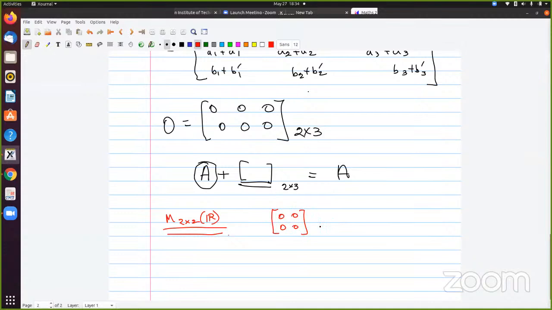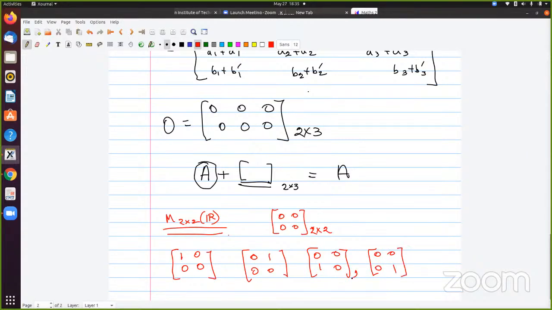Correct, so the 2 cross 2 zero matrix. Now I am giving you these 4 vectors. These are 4 vectors in this space, and all of them are 2 cross 2 matrices. Can you tell me what is the span of this set?